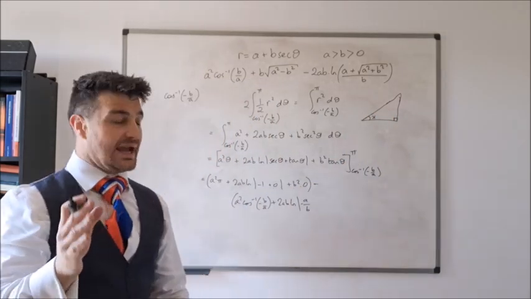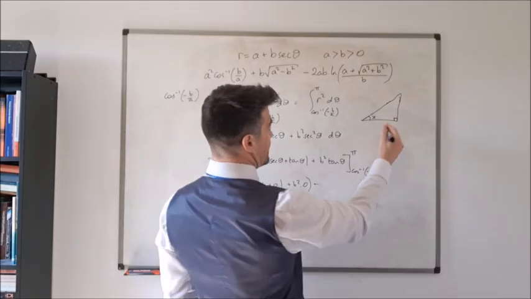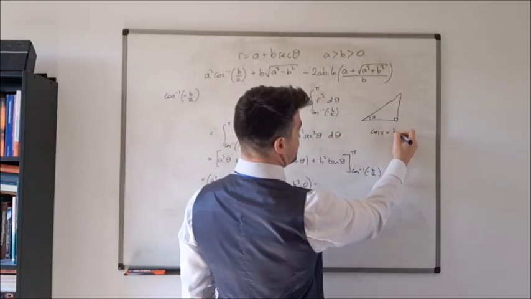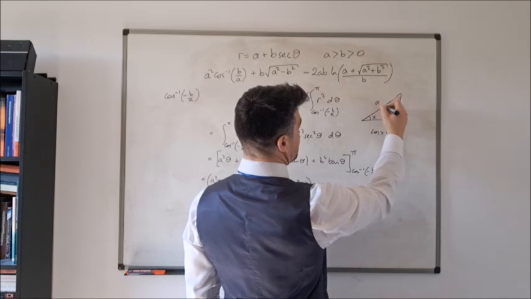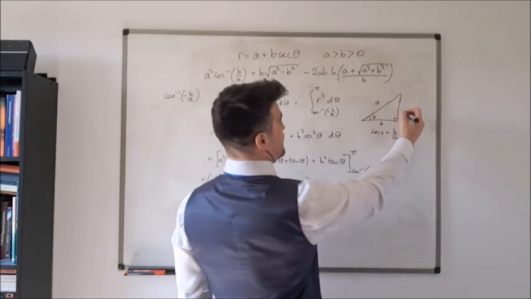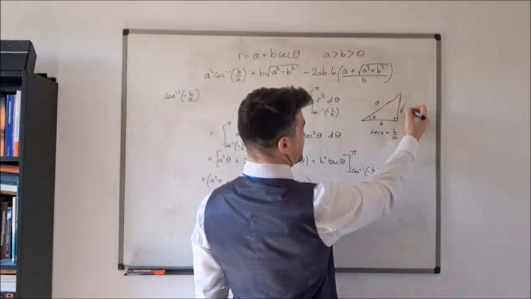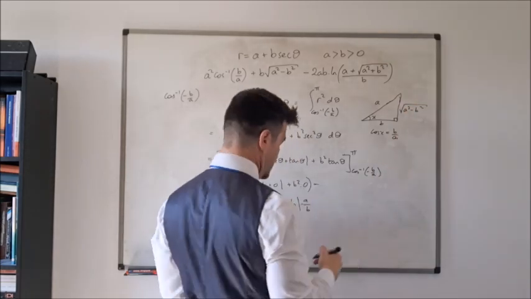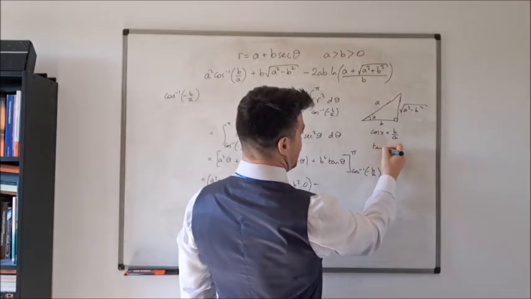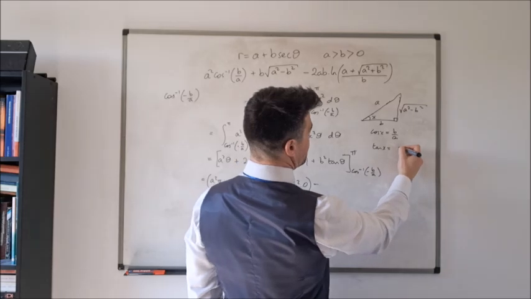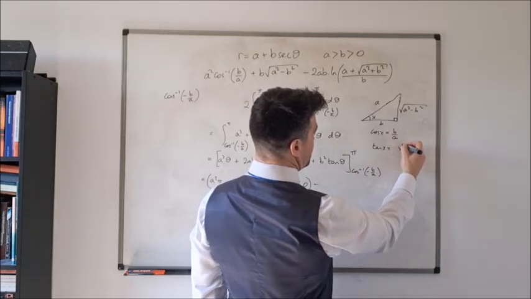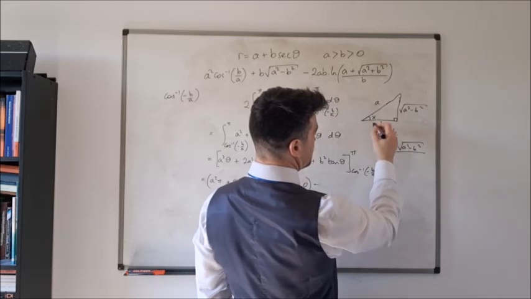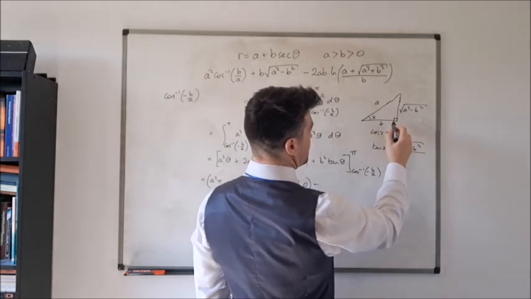And let's just assume that x is acute for the time being. But if we've got cos x equals b over a, then we've got something like this, and therefore the length of this is going to be the square root of a squared minus b squared. So that means that tan x is going to be equal to the square root of a squared minus b squared over b.